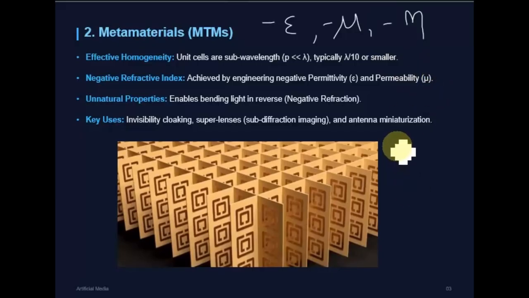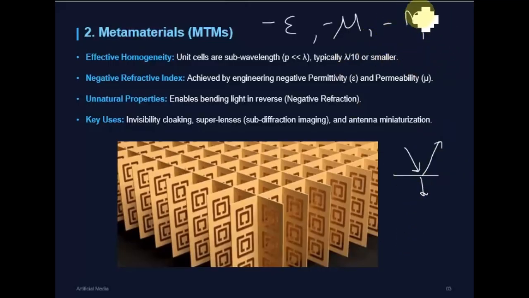When a wave is incident from one medium and enters another medium, it gets refracted and some portion of the wave is reflected.